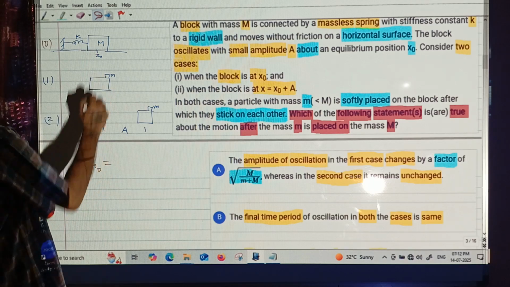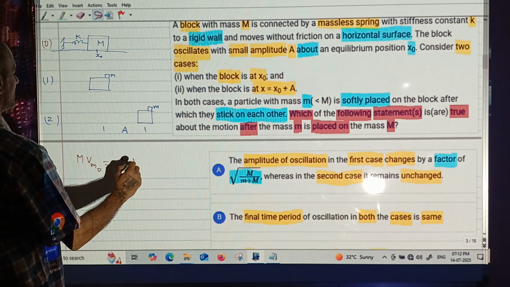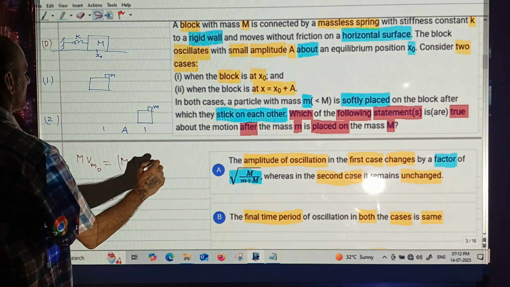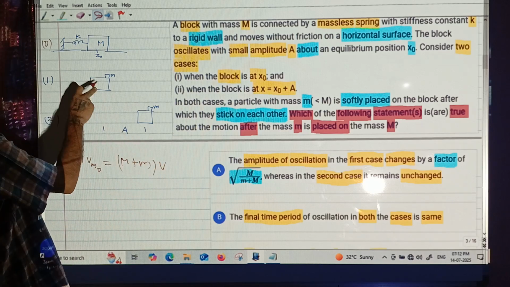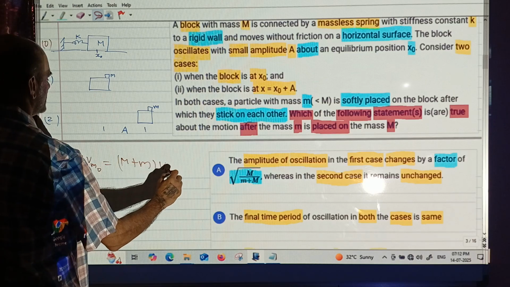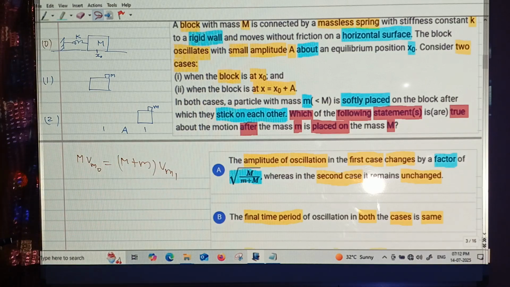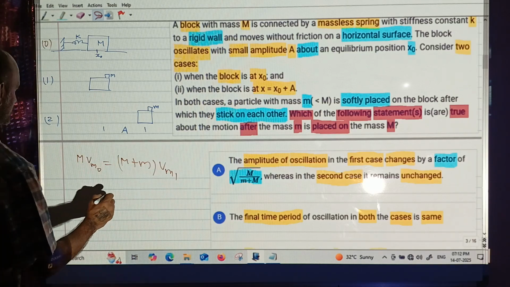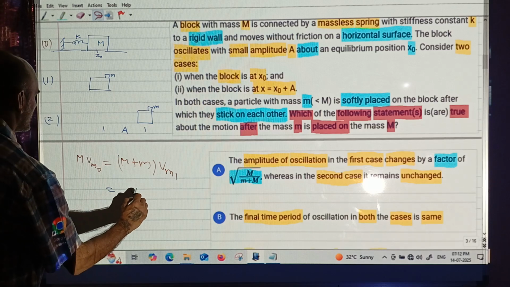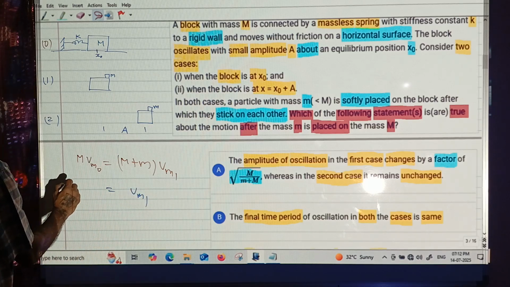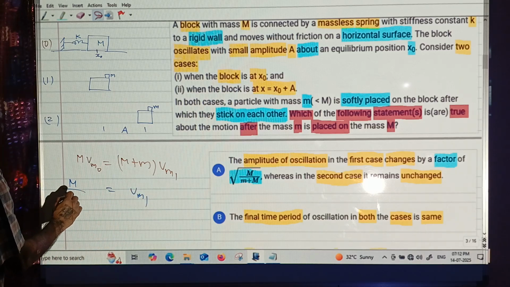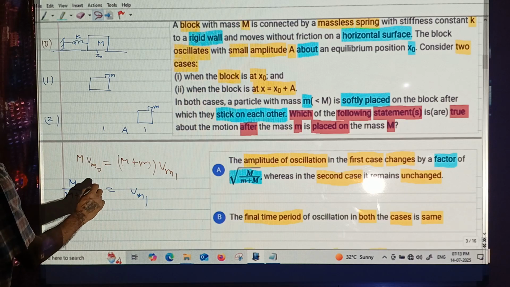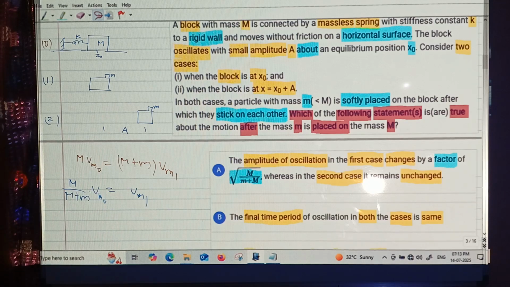That should be equal to the combined mass M plus m into the maximum velocity, because it's the mean position. So the maximum velocity in the first case, Vm1, is M by M plus m into Vm0. So the maximum velocity in the first case is reduced.